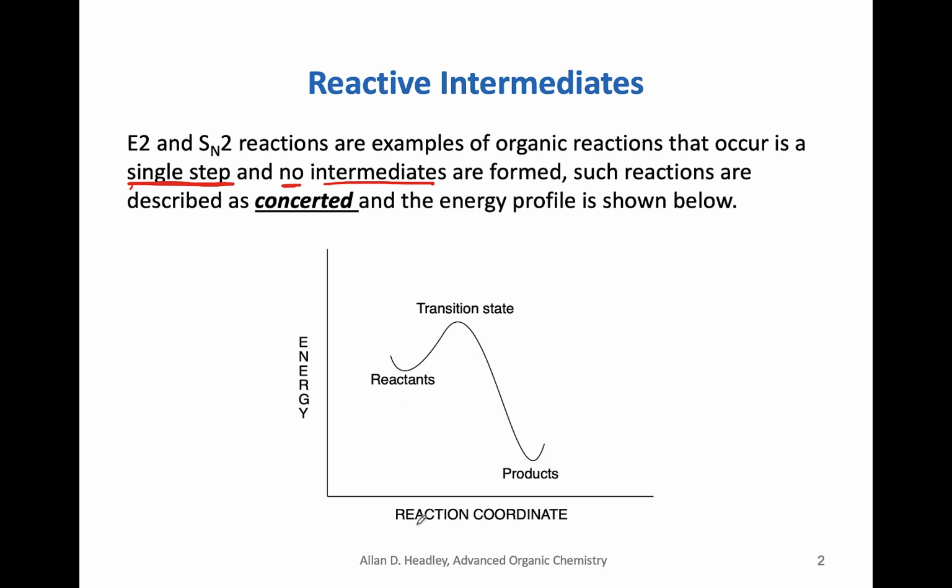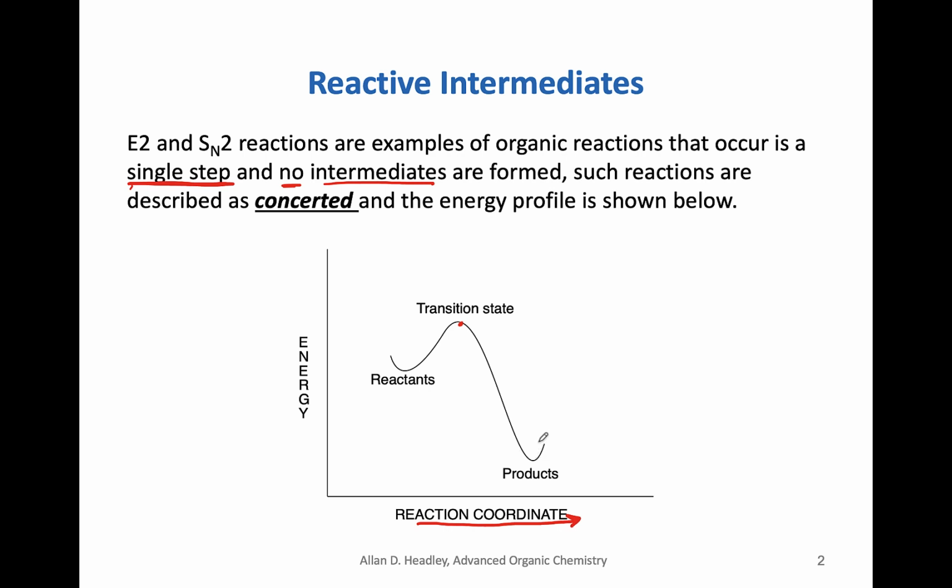So here's the reaction coordinate or the reaction progress going in that direction, and the energies of the reactants and products are shown here. So here we have the reactant, and in a single step it goes to a transition state and onto the products.